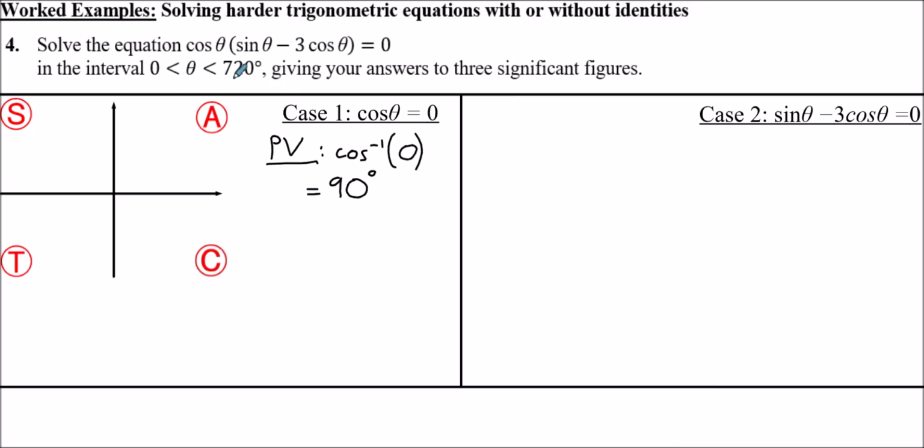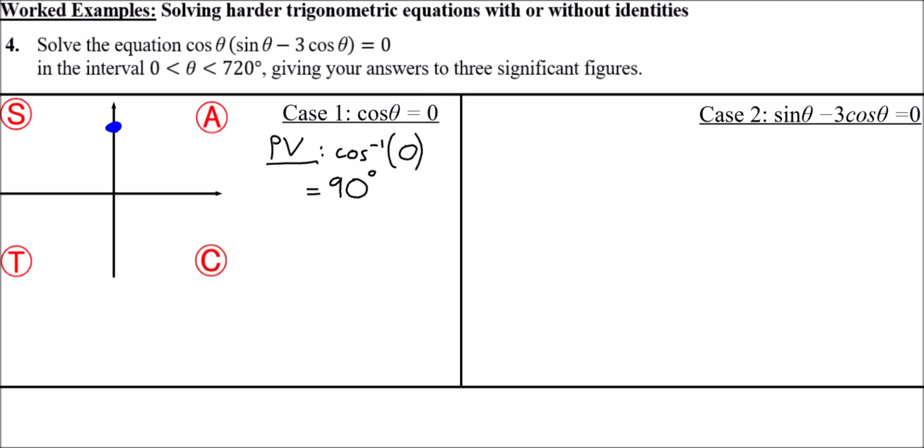Now 90 is in range, so that's fine, but this is a bit tricky. I need to explain this. 90 degrees would be right on the boundary between the A quadrant and the S quadrant. It's tempting to think that that's the only possibility of where cosine of theta is 0, but actually it isn't.